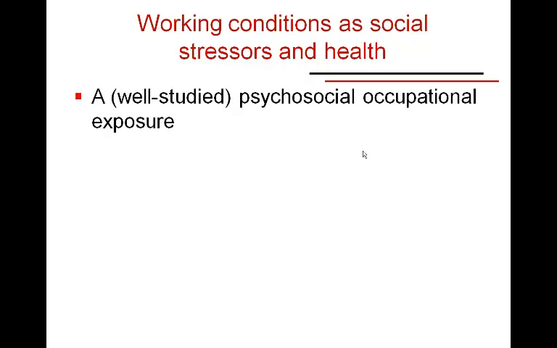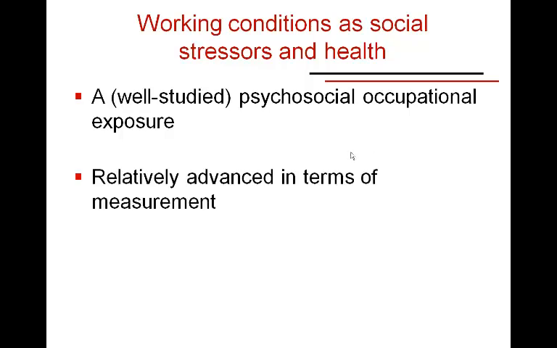Working conditions as social stressors are a well-studied psychosocial occupational exposure. Occupational exposure distinct from those that are typically thought of as part of occupational health, like exposure to noxious agents in the environment in the workplace, ergonomic strain, injury on the job, and so forth.